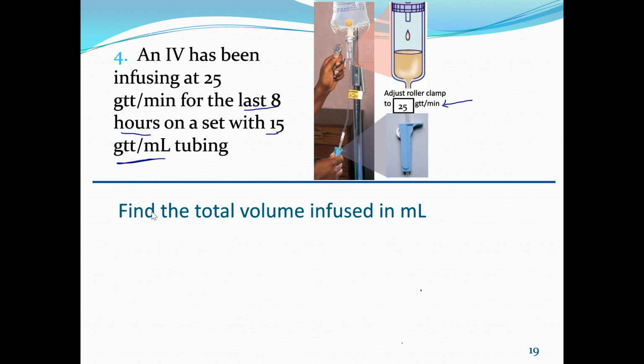So what I want to do is start with one of these pieces of information to figure out volume. Now, because this is a volume, I need to have volume end up on top.